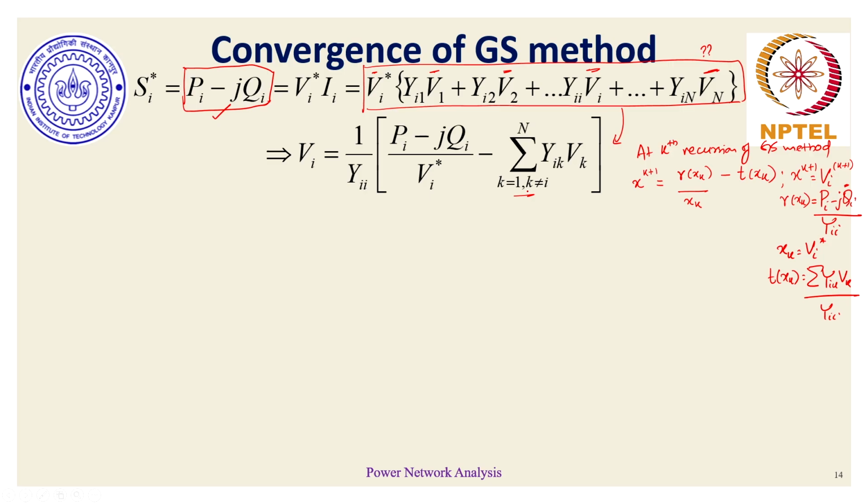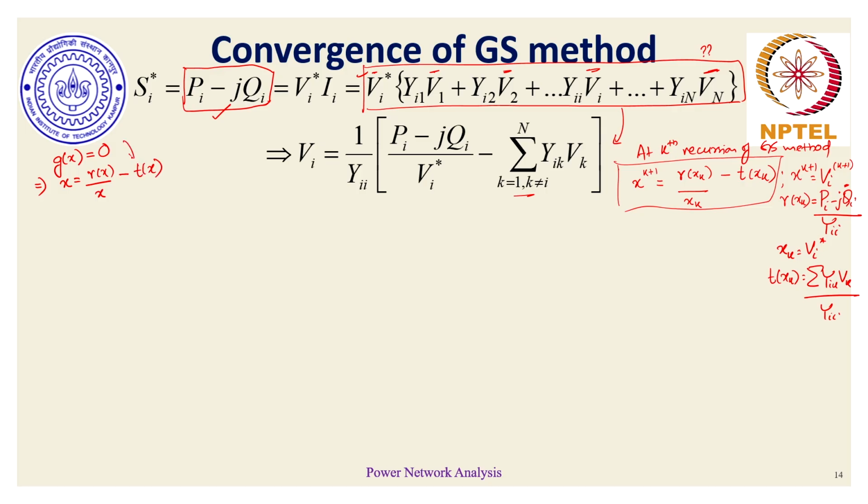So I can rewrite this Gauss-Seidel iterative equation into this particular form. And overall, if I try to equate these two boxes into a form where I want to solve for x, where g is the equation that should be equal to 0, then essentially I am trying to convert g of x into x equal to r of x divided by x minus t of x.